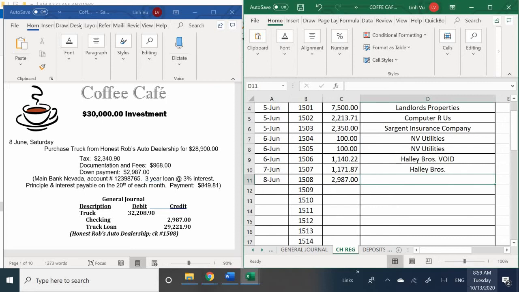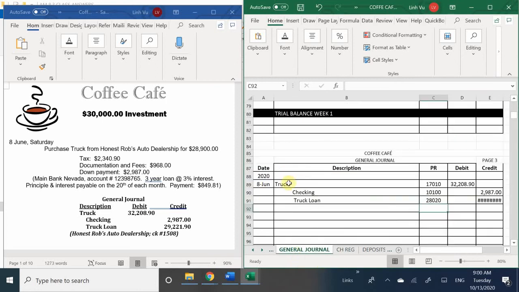To the dealer, Honest Rob's Auto Dealership. And what check number is this? 1508. So now I can go to my journal and I can complete my description.